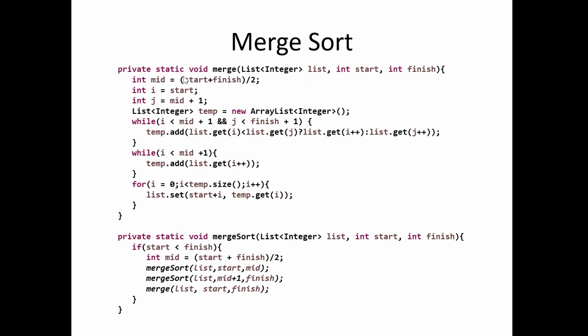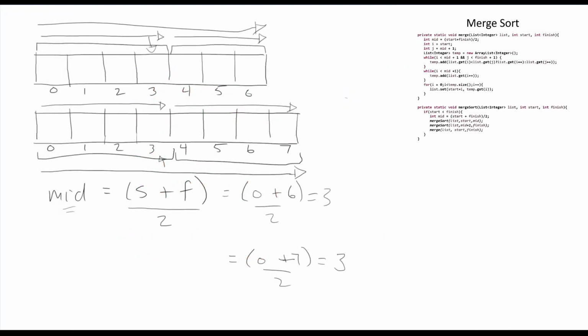All right, so the merge subroutine starts out very similarly. We're going to calculate that midpoint. We need it. That's where our first list ends, and then of course mid plus 1 is where our second list begins. So I'm also setting up two counters here. I is going to be a counter that counts along the first list, and J is going to be a counter that counts along the second list.